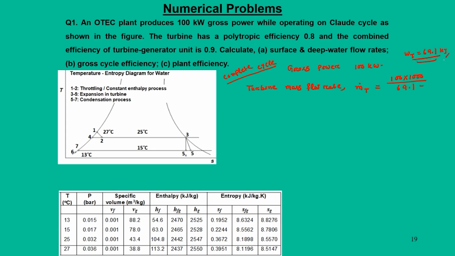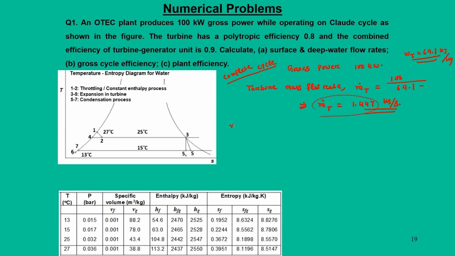This will give you the turbine flow rate as 1.447 kg per second.